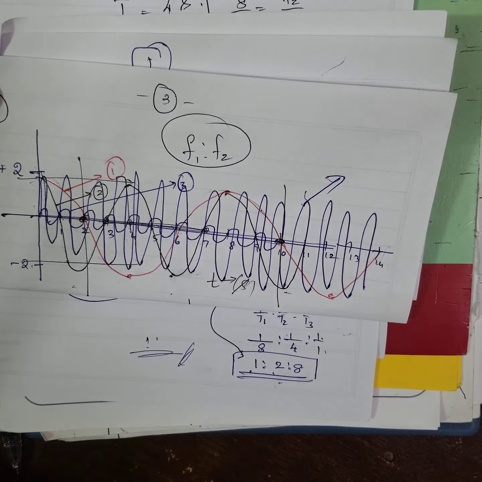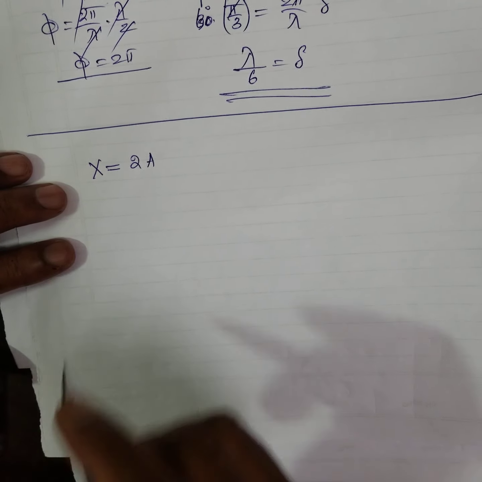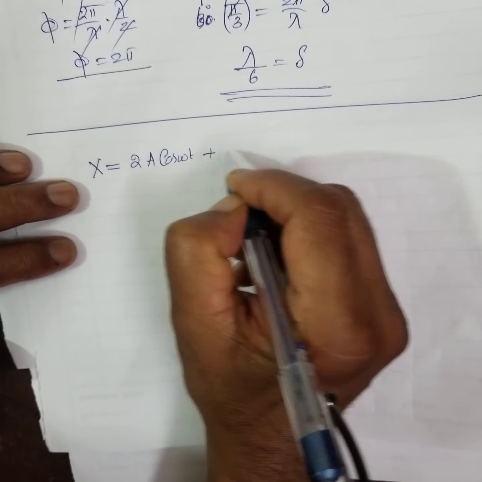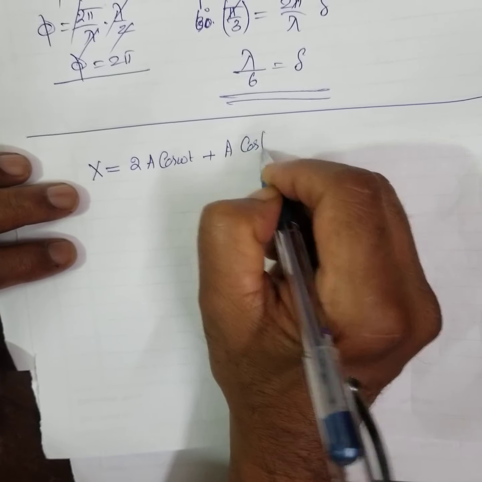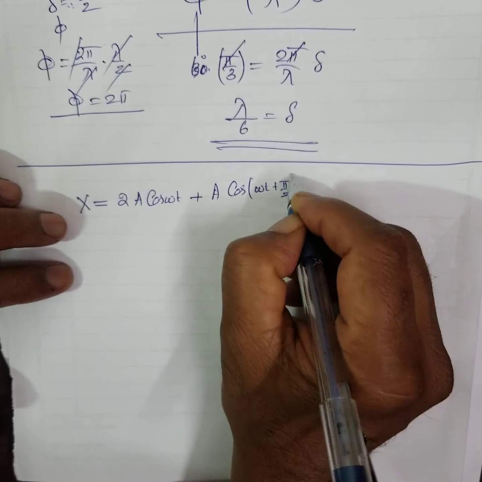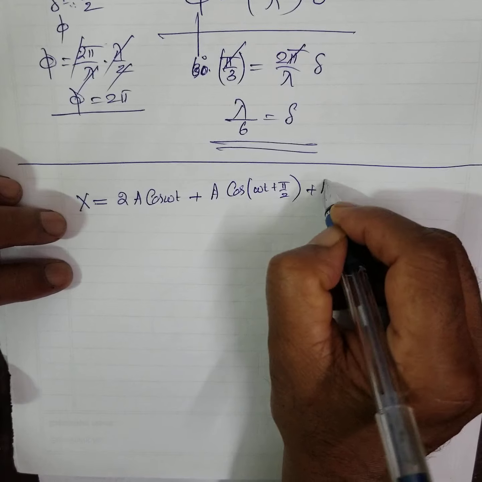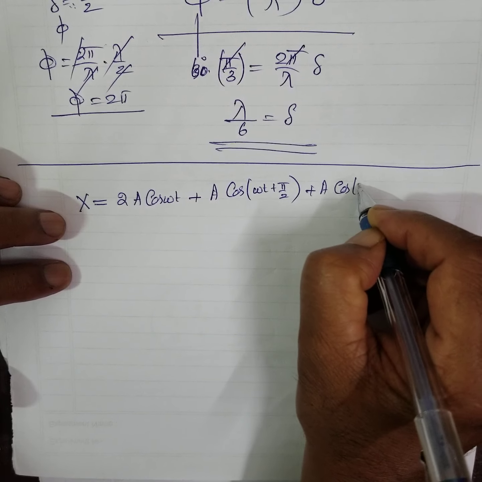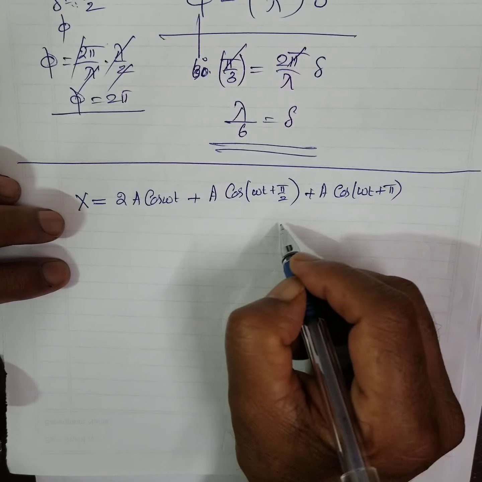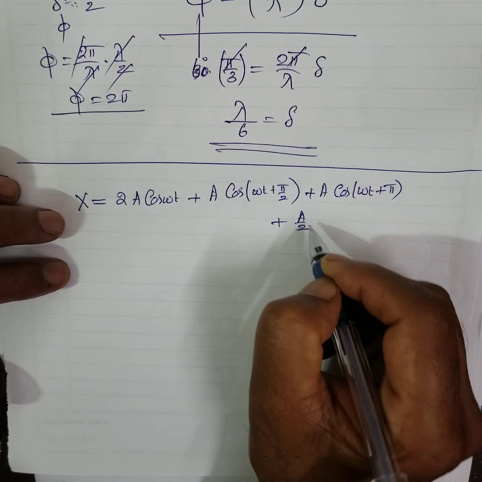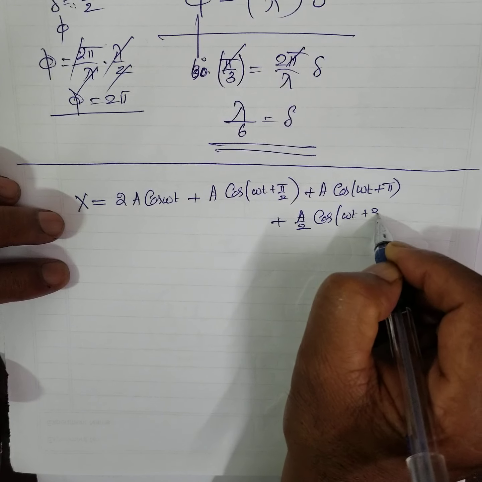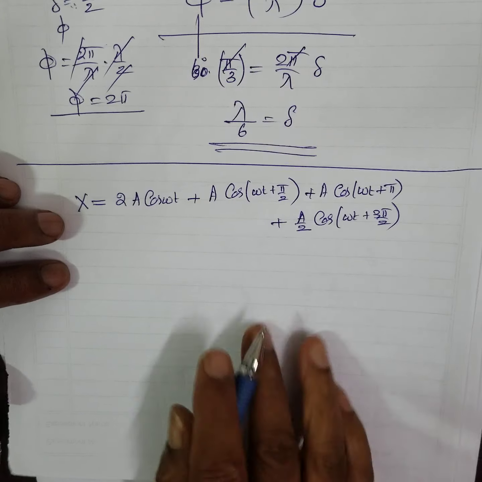Okay? Like this, if x is equal to 2a cos omega t plus a cos (omega t plus pi by 2), this is an arbitrary sum I am making on my own. Whether it will work out or not, let us see. Plus a by 2 cos (omega t plus 3 pi by 2).